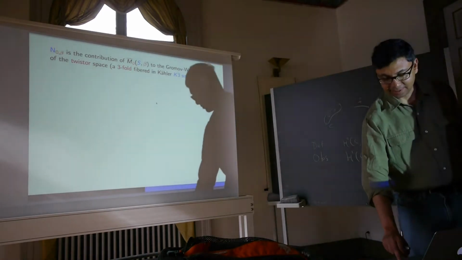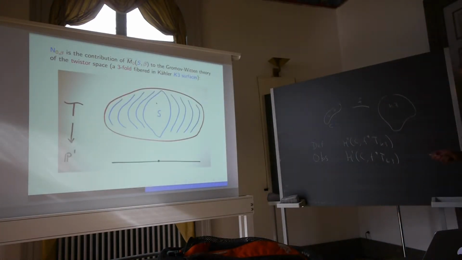If you're not, I'll draw a picture of it. This is the twistor space. Twistor space is a threefold, so it has 3 complex dimensions. It's fibered over P1, and the special point is the K3 surface we start with. And all these other fibers are K3 surfaces, but they're Kähler K3 surfaces. They're not holomorphic K3 surfaces.